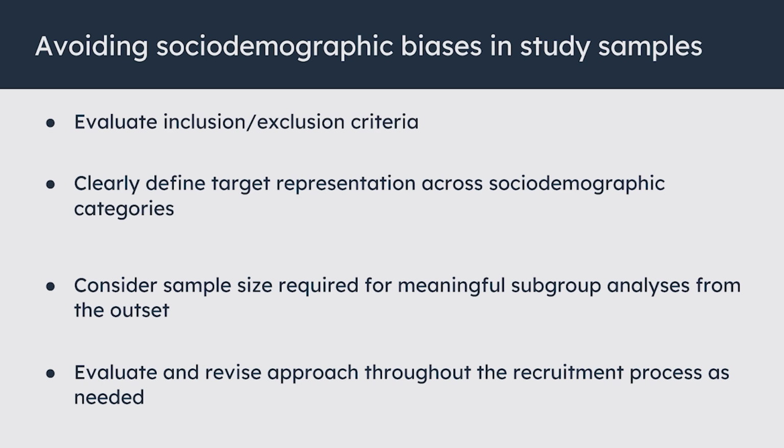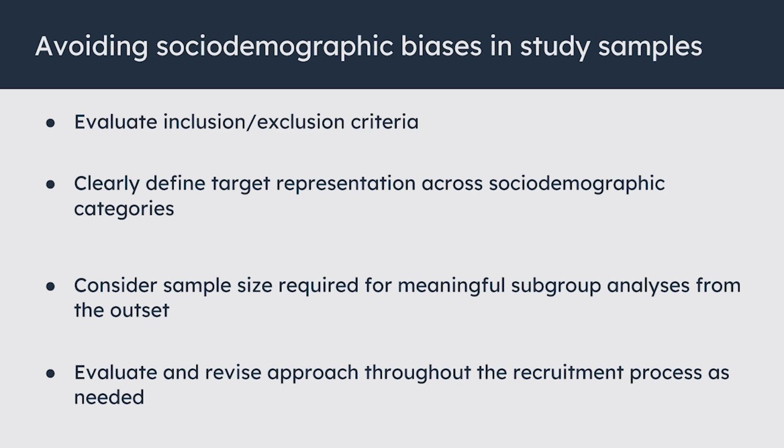It's also important to avoid sociodemographic biases in study samples, and a key component of this is to evaluate your inclusion and exclusion criteria. Make sure that it's actually serving you, not just picking up what was published previously or what's done in the field. Yes, that's a great way to start, but it's really important to critically evaluate whether it actually works for this particular study.